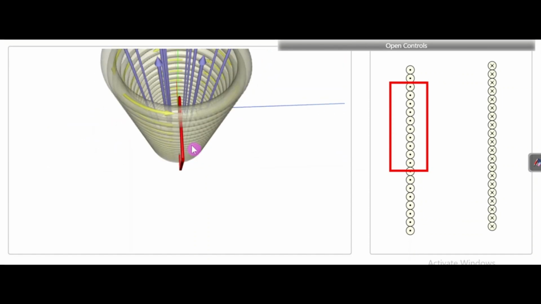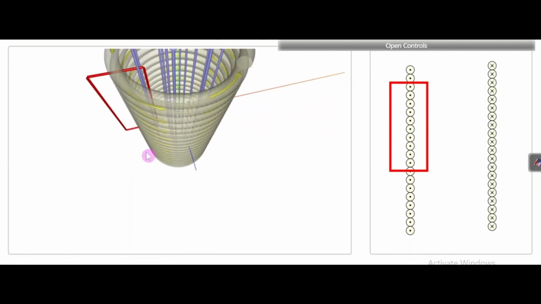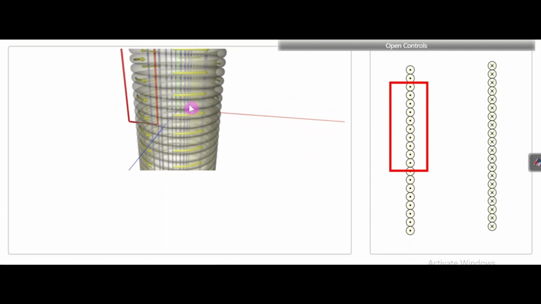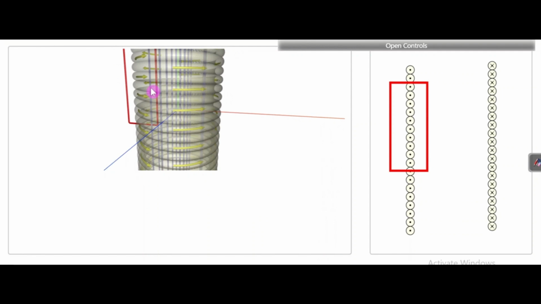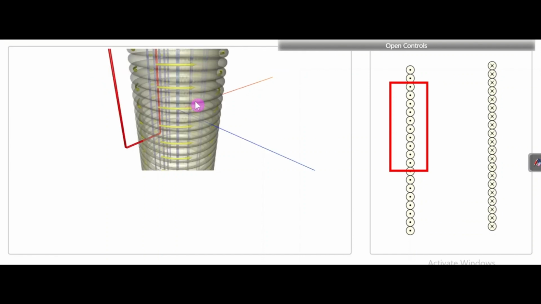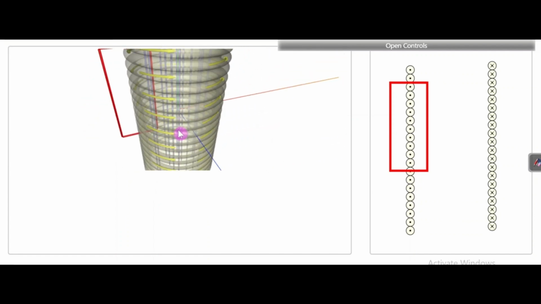If we see here, there is a large number of conductors present inside this Amperian loop, and each conductor is represented here by these circles, and the current in these conductors is moving towards you, away from the screen. Therefore we represent that in the form of dots. And now we will apply Ampere's law, and we will find the magnetic field around this solenoid.